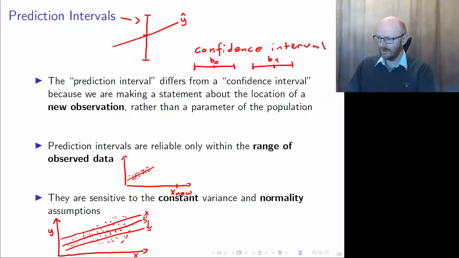The line in the middle is your regression line, y hat, and you see that for small x you overestimate the variance in your prediction, whereas with large x you underestimate the variance in your prediction.